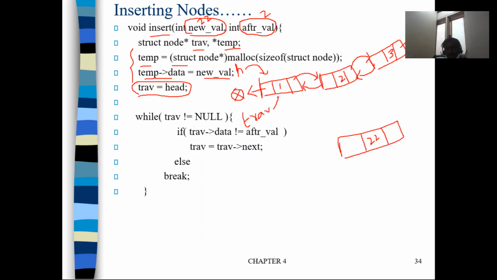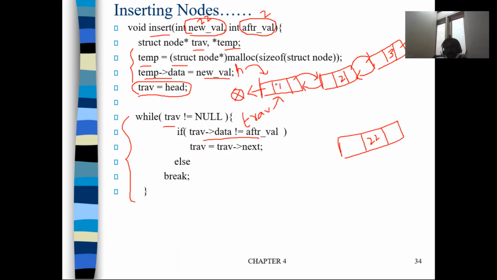But where should we insert? We should insert after the second node. So we should move to the node after which we want to insert. For that we are writing this loop: while traverse is not equal to null. Is traverse equal to null? No, it's pointing to the first node. Then check: if traverse arrow data is not equal to after val.